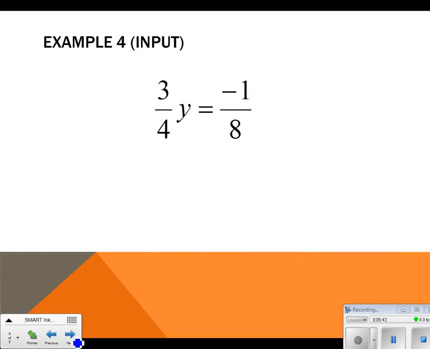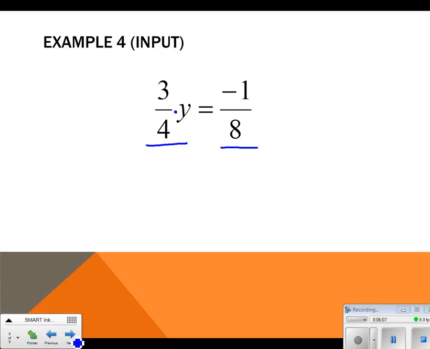Number 4 here, we have 3/4 times y is the same as negative 1/8. Now we want to isolate the y on the left-hand side. So in order to do that, we see it's 3/4 times y. So we're going to do the opposite of multiplication, because this right here means they're multiplying. The opposite of multiplication, we're going to divide both sides.